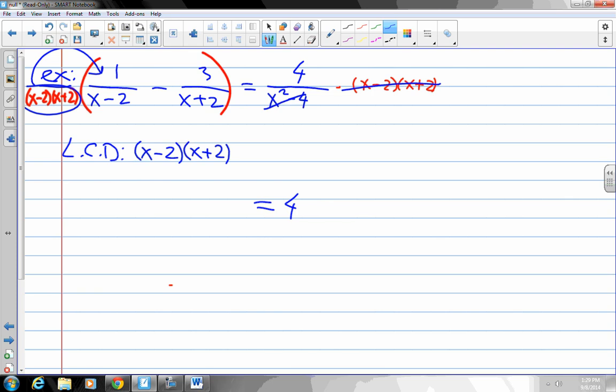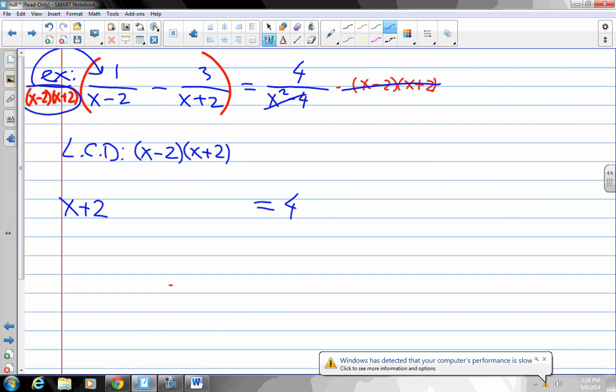What is going to be left if x minus 2 cancels? x plus 2 times whatever that is, so just x plus 2 times 1, so it's x plus 2. And then we'll do it again. We'll distribute it through. What's going to cancel on that second product? x plus 2. And then we're left with negative 3 times (x minus 2).